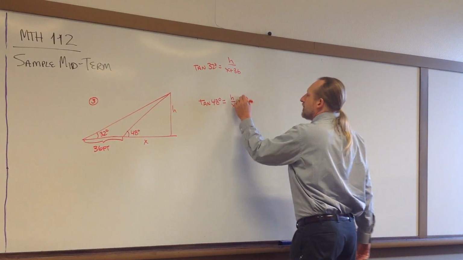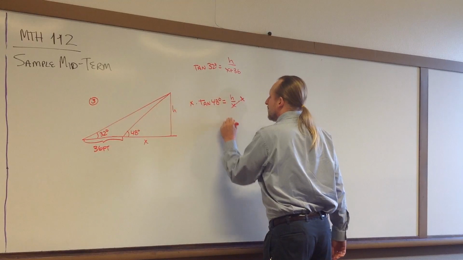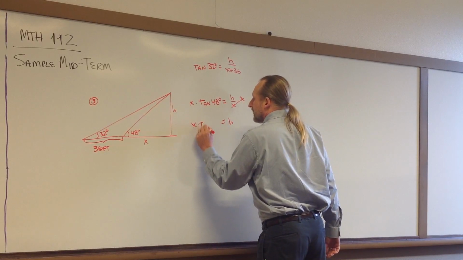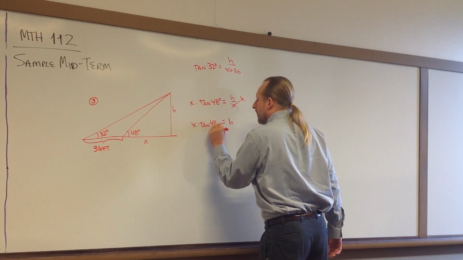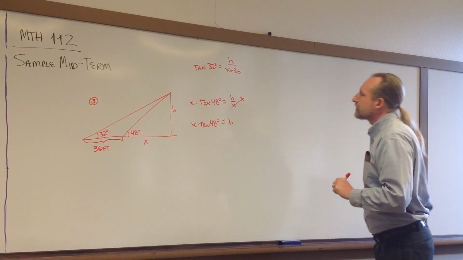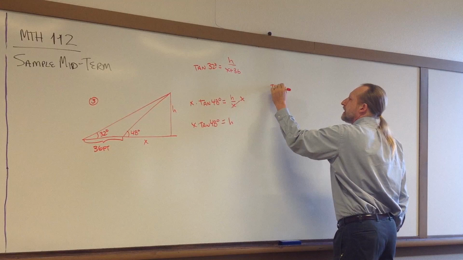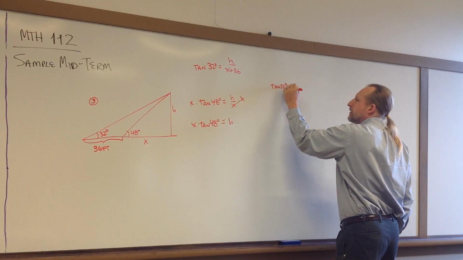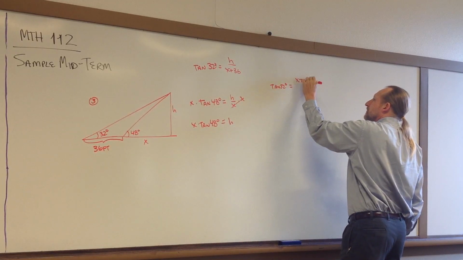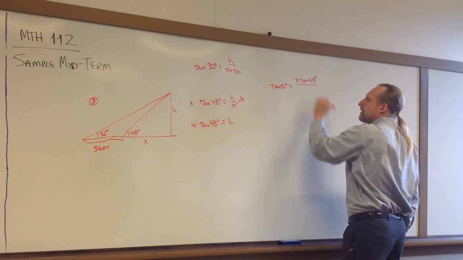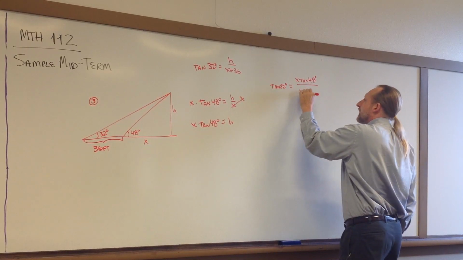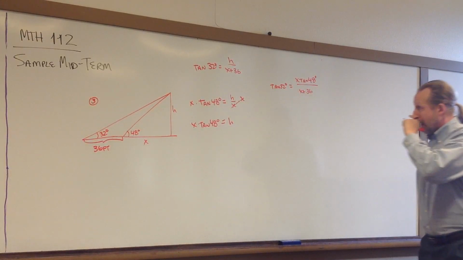I'll multiply on both sides by X and say H is X times the tangent of 48 degrees. And so then I'll put that in up there and say tangent 32 is X times the tangent of 48 divided by X plus 36.